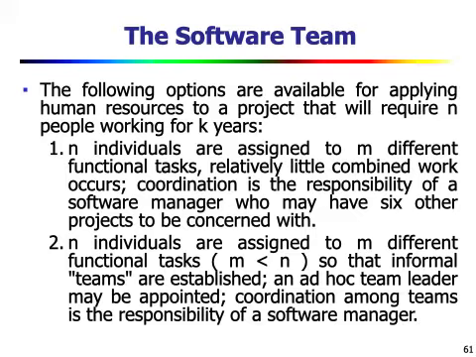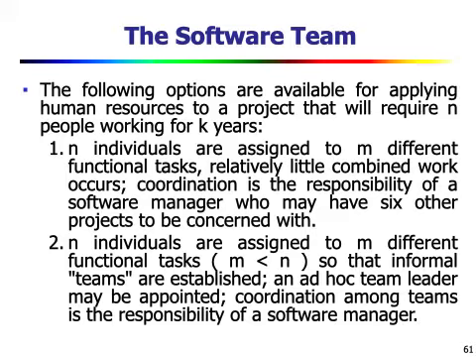Then the second option is N individuals are assigned to M different functional tasks so that informal teams are established and an ad hoc team leader may be appointed. Coordination among teams is the responsibility of a software manager. Okay, that is another option.